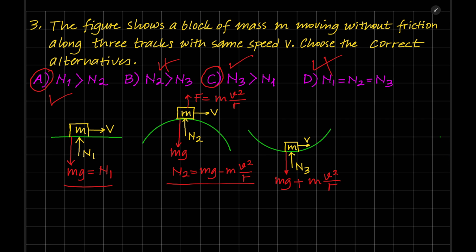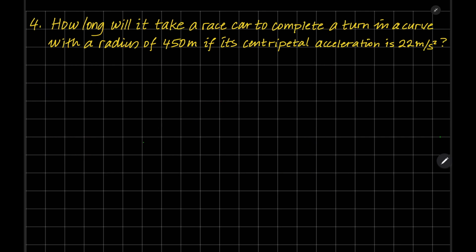Now let's go to the next question. Question 4. How long will it take a race car to complete a turn in a curve with a radius of 450 meters if its centripetal acceleration is 22 meters per second squared? Let's assume that this is the car.